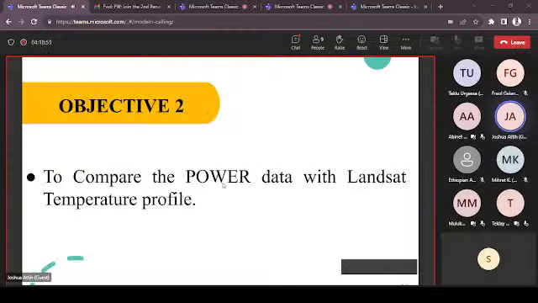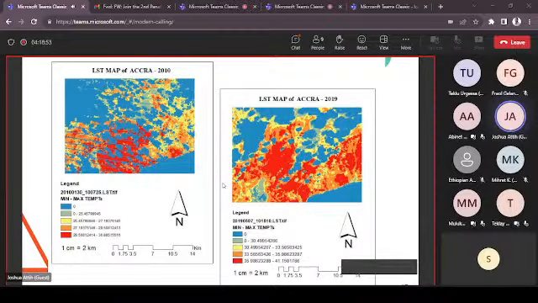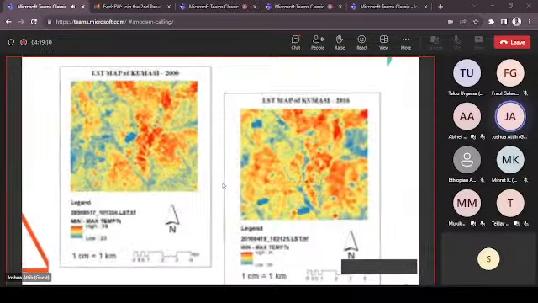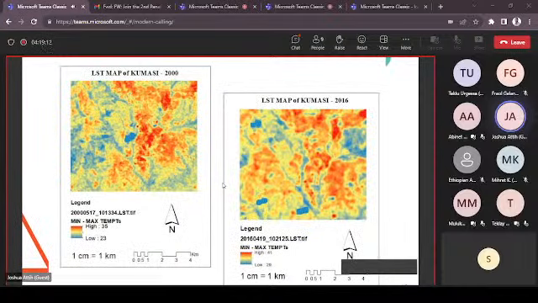And so we went ahead to compare the POWER data with the Landsat data by visualizing temperature changes with the land surface temperature map. We realized that temperatures in Accra are actually very high, and that the effects of the linear regression trends are actually correlating with those of the Landsat. And for Kumasi, even though Kumasi was also really high, there were not many changes from 2000 to 2016.